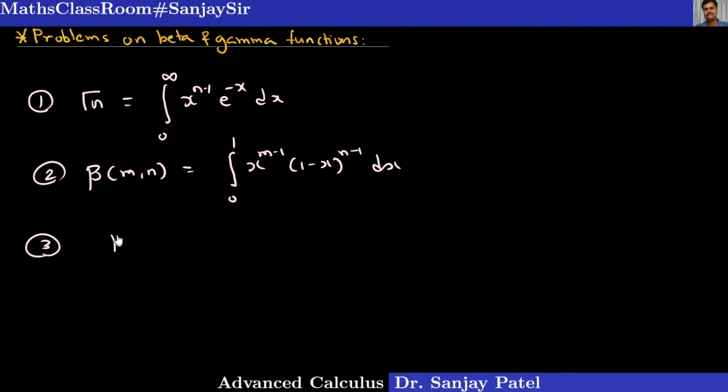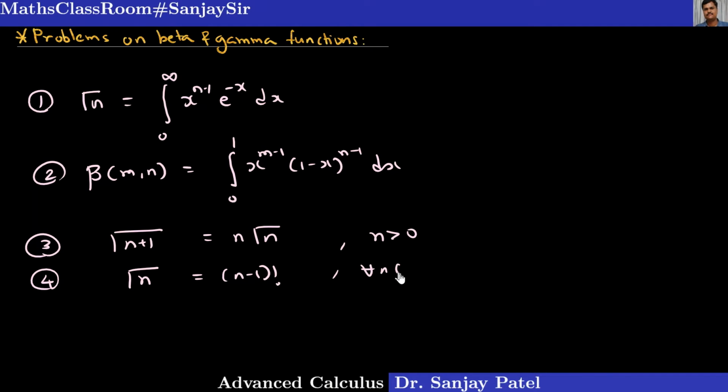Then we know that gamma n plus 1 is equal to n into gamma n. And further, if n is a natural number, then gamma n is n minus 1 factorial. The first is true for every real number n greater than 0, and this is for every n belonging to the natural numbers.